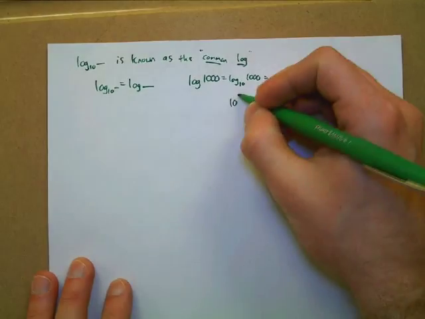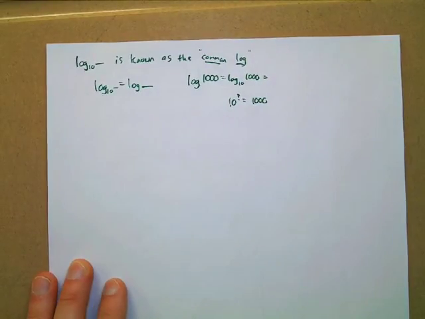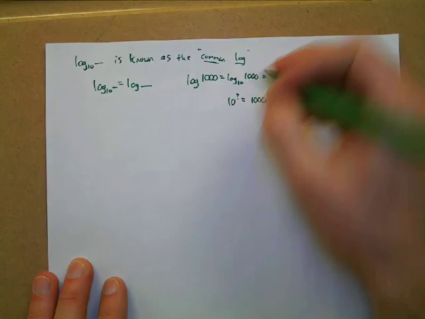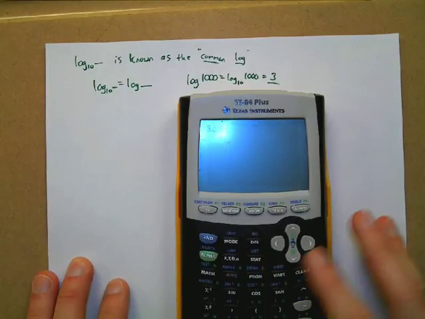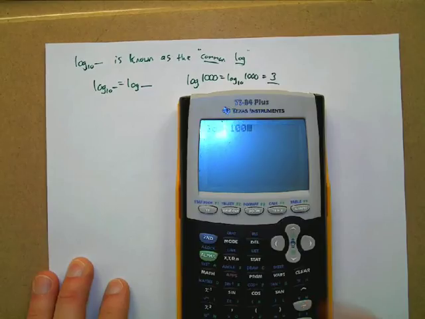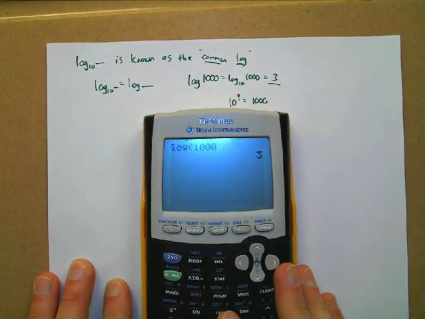So if you see log 1,000, you get 3. In fact, if you type that into your calculator, log of 1,000, there it is, it's 3. Log of 0.1, you get -1, because 10 to the -1 is 0.1.